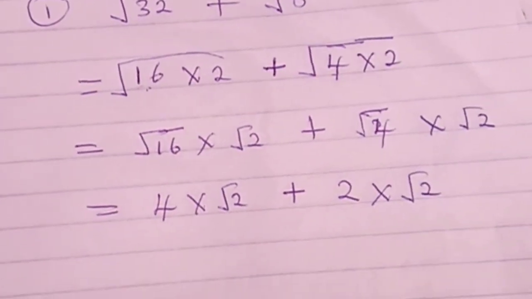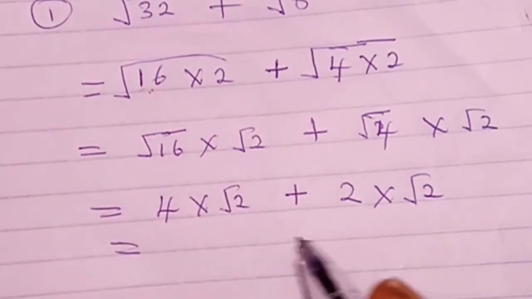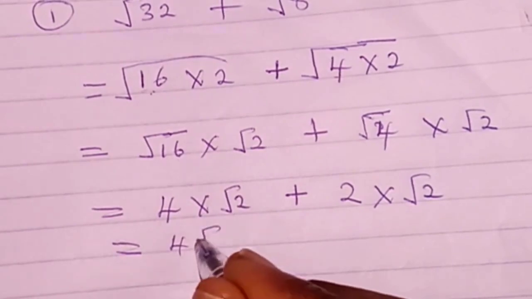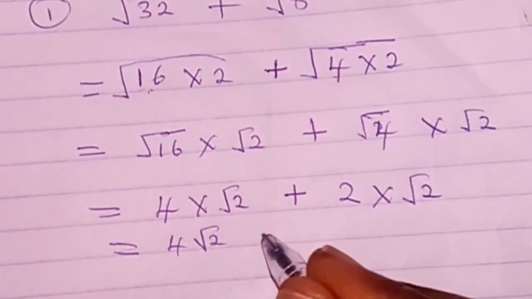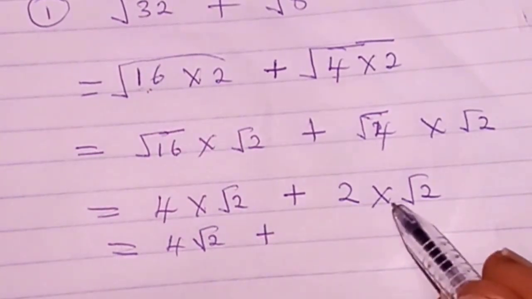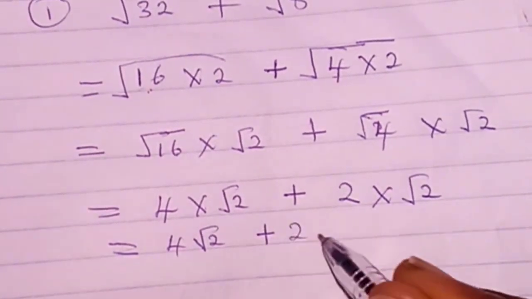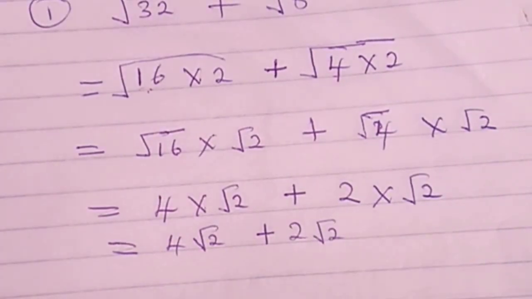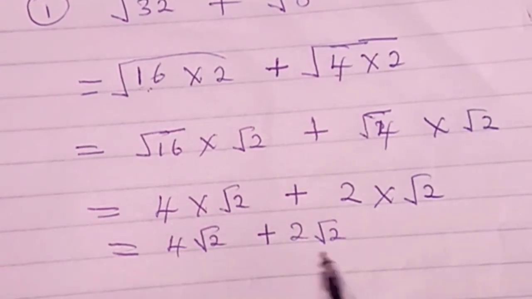Okay. So what do we have? 4 times root 2 is giving us 4 root 2, plus 2 times root 2 is giving us 2 root 2. So we can now go ahead to add up these two surds.